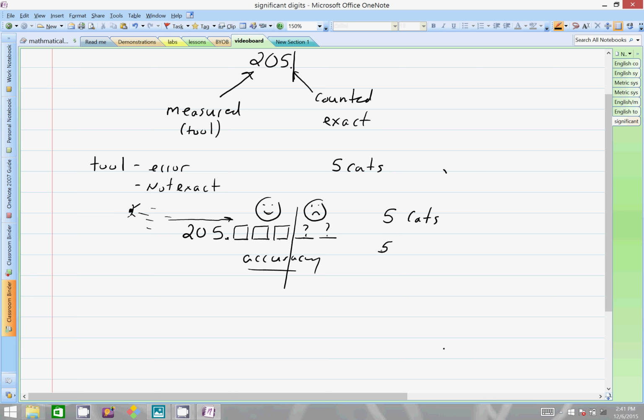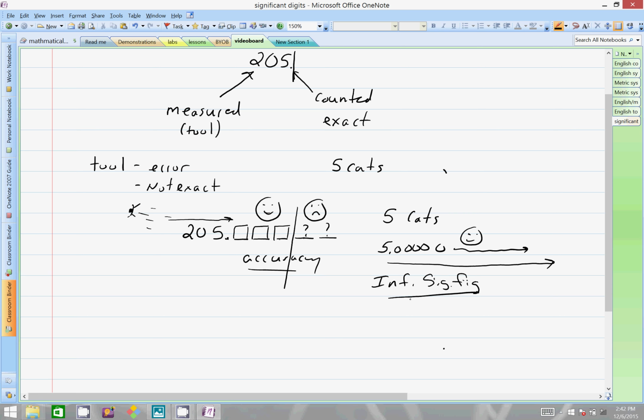This would be 5, and I could put 0, 0, 0, 0, 0, and go on. It's always going to be good. There is no drop-off in my accuracy. So we often refer to this infinite list of zeros as infinite significant digits, or significant figures, often referred to as sigfigs.